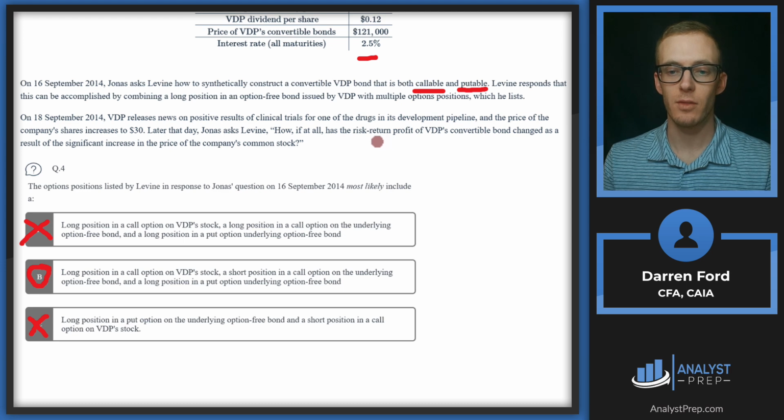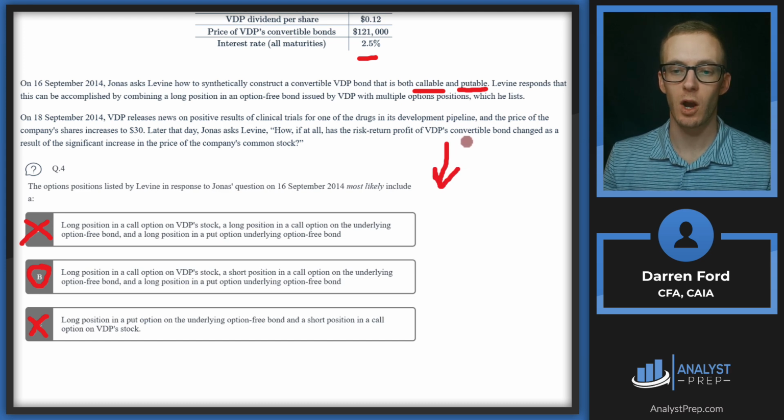So it's the opposite of callable. In this situation, we're protecting ourselves from an interest rate increase. If interest rates increase, that's going to cause the price of the bond to go down, and that's when our put option would come into play. So we could exercise our put, send the debt back to the company, and then reinvest the proceeds into the higher interest rate debt.